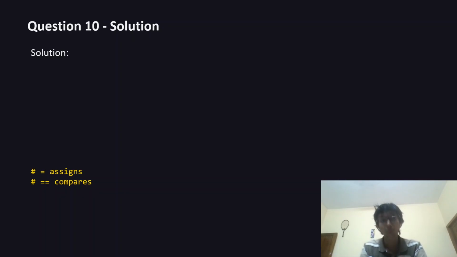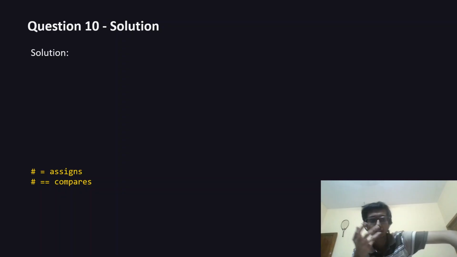Whereas when you compare to two equal signs, it is for comparison. It is to check whether this thing is the same as something else. So wherever you have comparison, that's where you have double equal signs. For example, to check if 5 is equal to 5, you're not going to say 5 single equal 5.